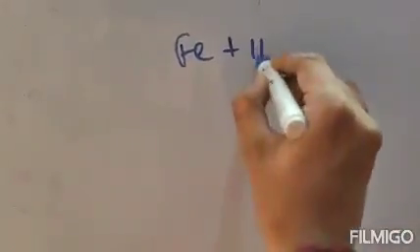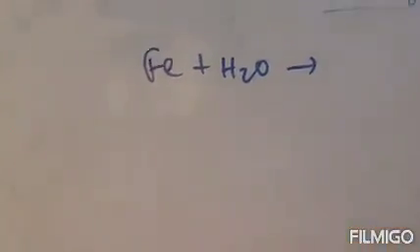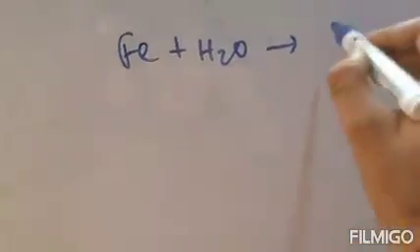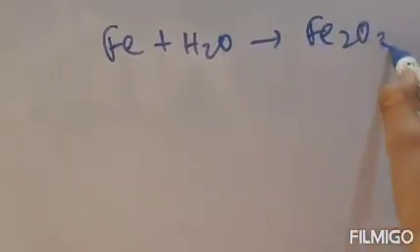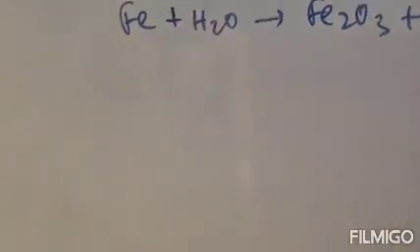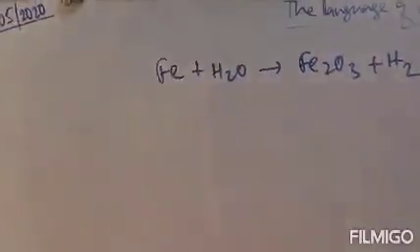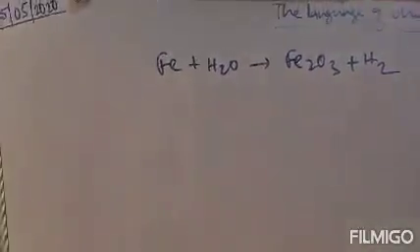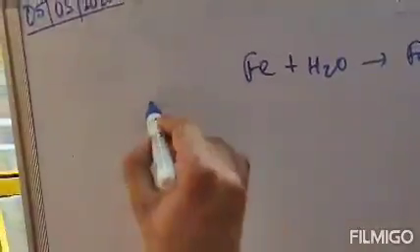Suppose the given equation is Fe plus H2O, this will be Fe2O3 plus H2. So what is the first step? First step is to write element, reactant side and product side, and count the number of atoms from each side. That will be your first step.